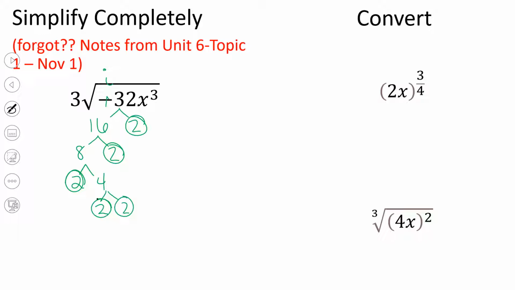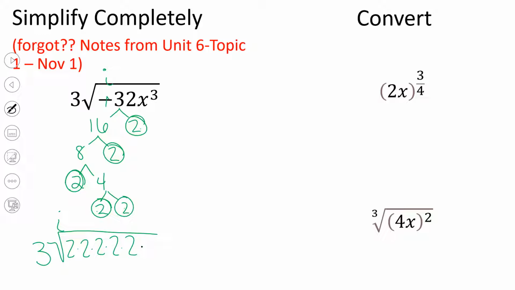We're remembering it? Okay. Now, when I make my big radical, I have a 3 outside. I have an i outside. And what am I writing inside? All the things that I circled. So I have 1, 2, 3, 4, 5 2s. What else do I also have inside? The x cubed.